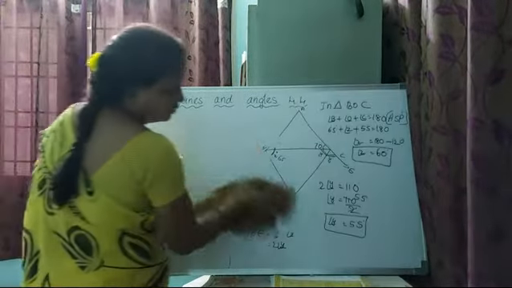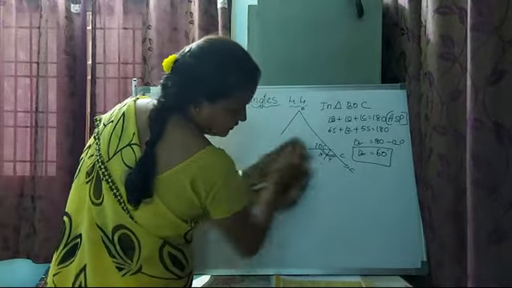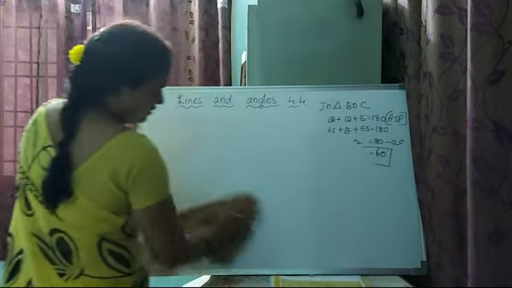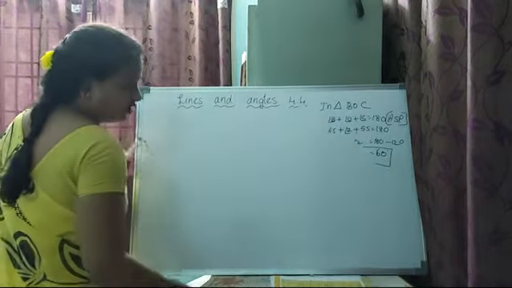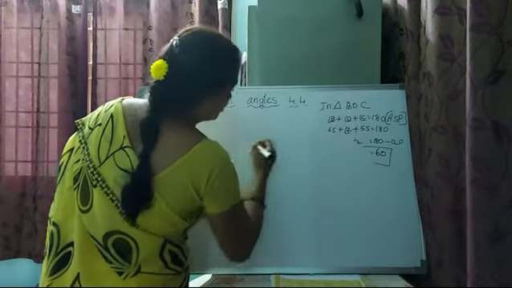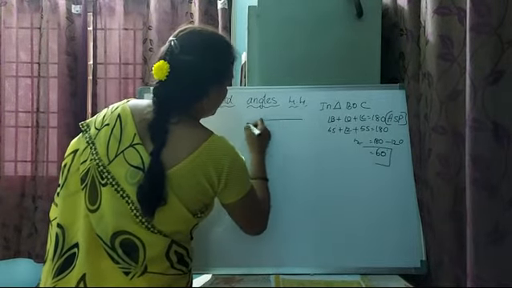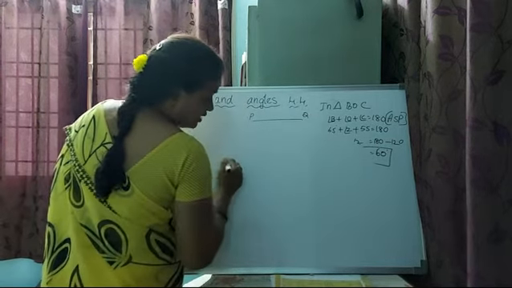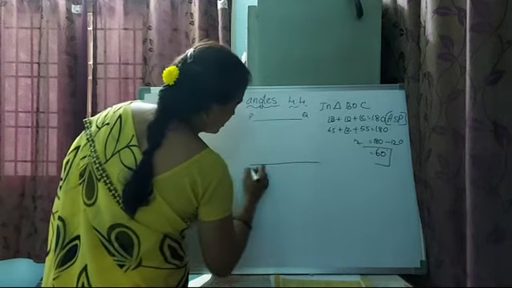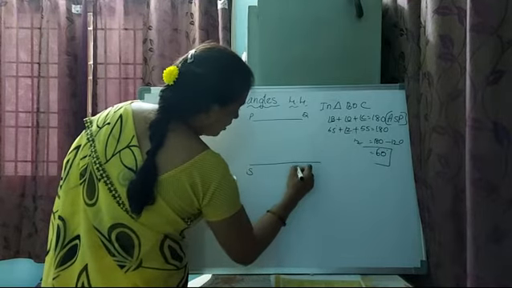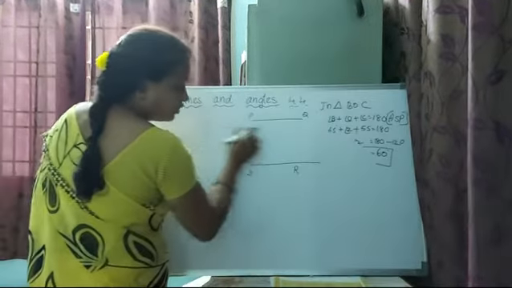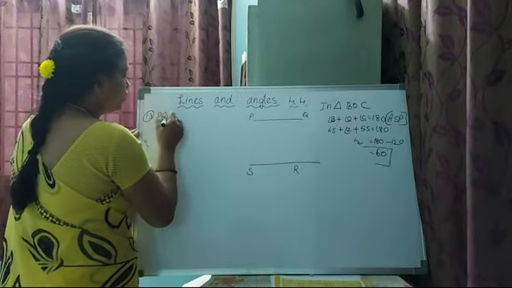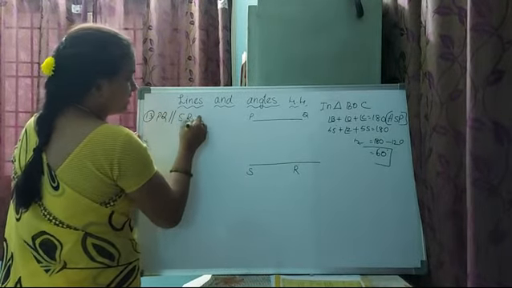How to do the 13th problem? What is the 13th problem? In the given figure, one figure is given. PQ is parallel to SR, that is given.